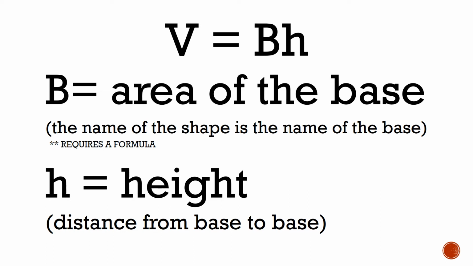Whatever the name of the shape is, that is the name of the base. So if it's a rectangular prism, it's a rectangular base. If it's a triangular prism, it is a triangular base. Remember, area of the base requires a formula, so you have to use your A. Height is the distance from base to base. Remember, height is located between the two bases.